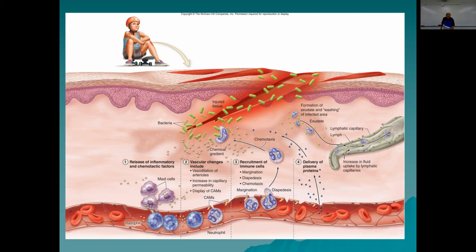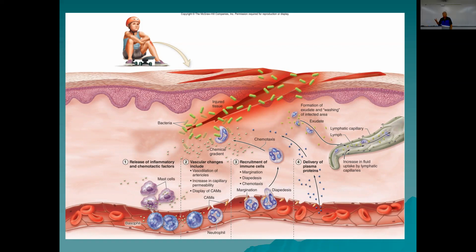Vascular changes include vasodilation of arterioles, increase in capillary permeability, and display of CAMs, cell adhesion molecules. 3, recruitment of immune cells, marginalization, the sticking of these white blood cells to the inside of the capillaries, diapedesis, then moving out, leaving the cardiovascular system, going out into the tissues, and chemotaxis following these chemical trails to the bacteria that have entered through their injury.